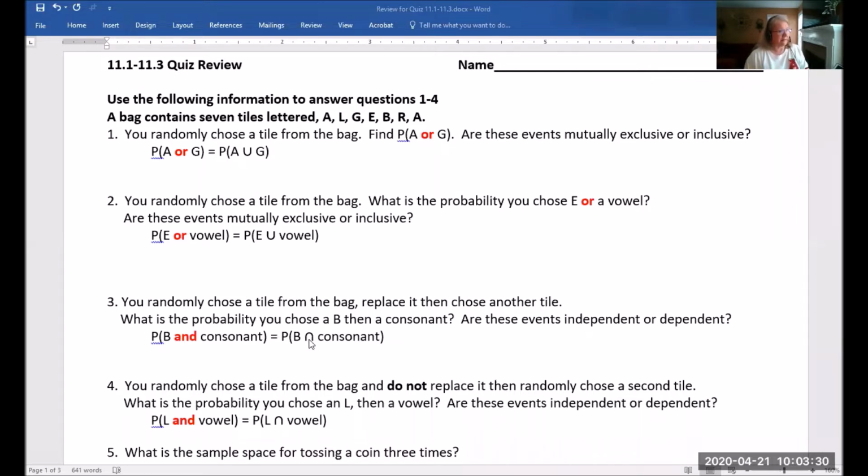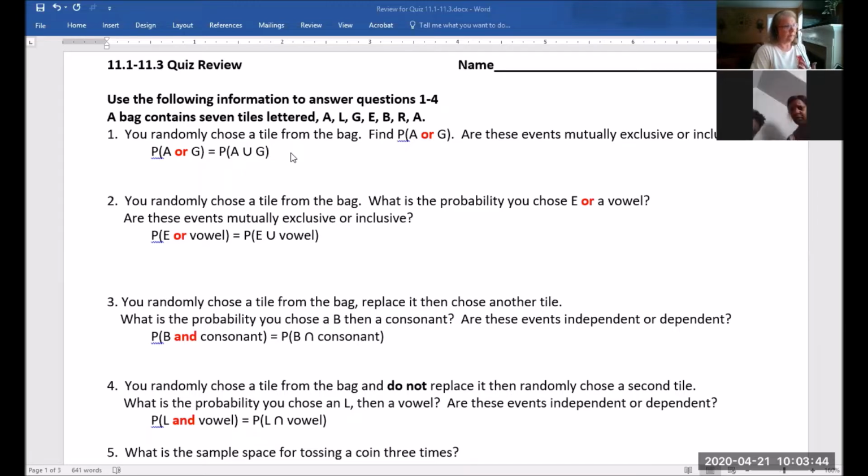The A looks like an A if you put a line right there, whereas the U is the or. So or statements are always going to be mutually exclusive or inclusive. It's really important that y'all catch that detail. And and statements are always going to be dependent or independent.